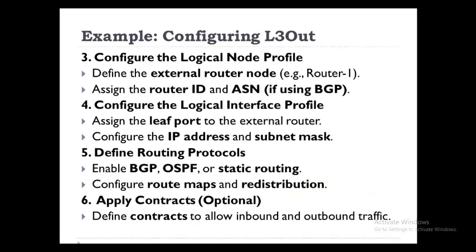So we define the external router node with router ID and autonomous system number. This autonomous system number should match with the external router. That is why it is called external router node, but this is not the external router node. This is to identify the external router node.